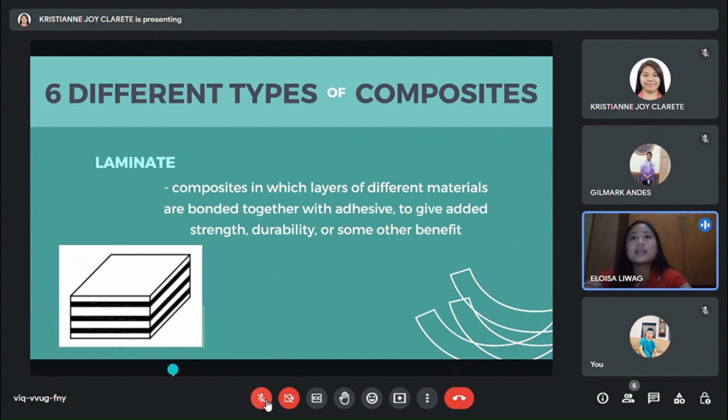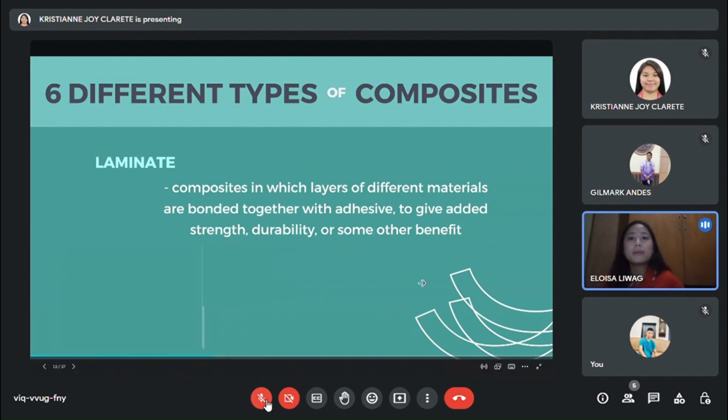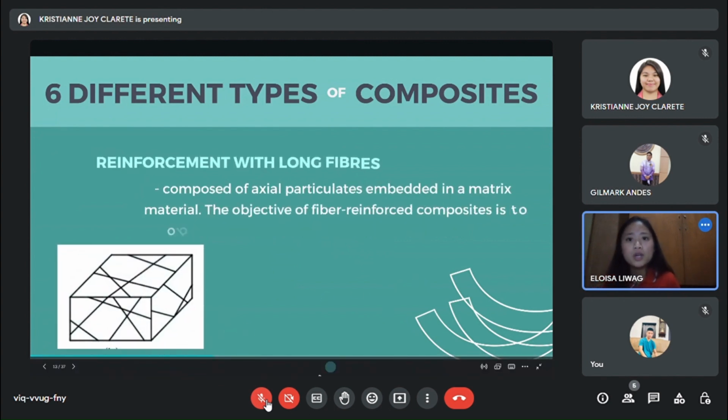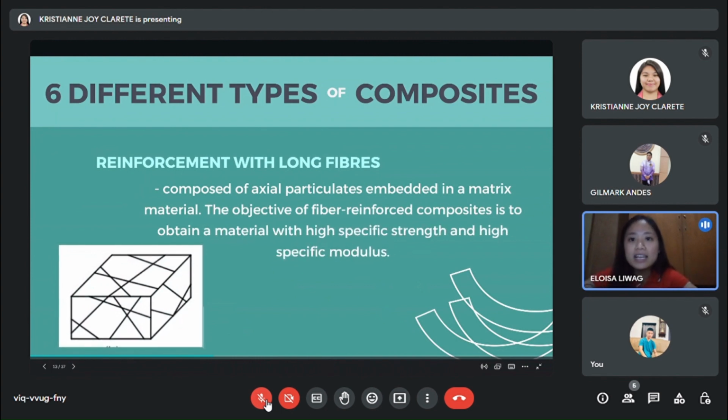The next one is the reinforcement with long fibers. Composed of axial particulates embedded in a matrix material. The object of fiber reinforced composite is to obtain a material with high specific strength and high specific modulus.